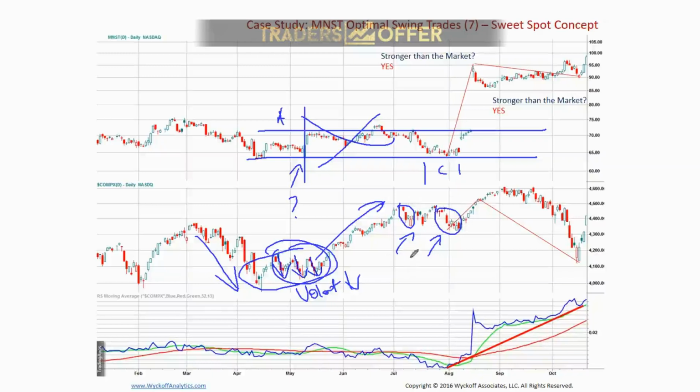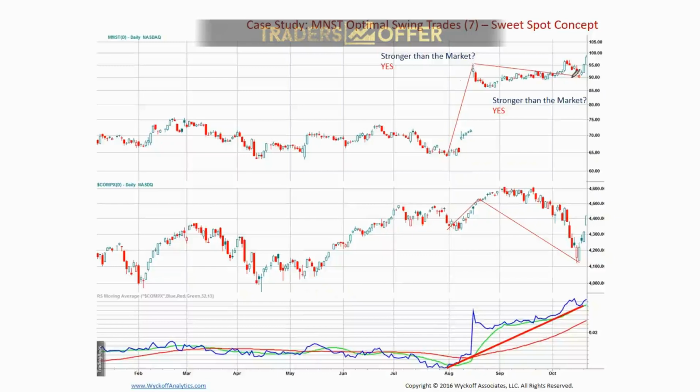We are seeing that volatility has increased, giving us a change of character for the market, and then a potential phase C here with a slight increase in the volatility. We can use this point of entry for our swing trade here. So here is this entry. And then going into the rally and the reaction, the answer to the question is yes, the stock is stronger than the market.